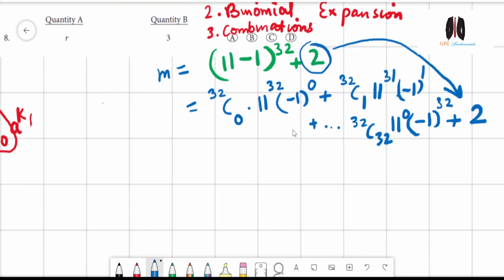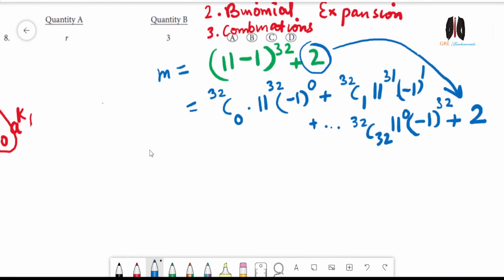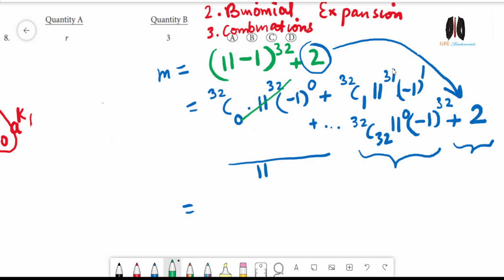Now they're asking what is the remainder when we divide this big thing by 11. You can see that all of these terms have a power of 11 except these two. So when we divide by 11, all of the intermediate ones except these two will cancel out.